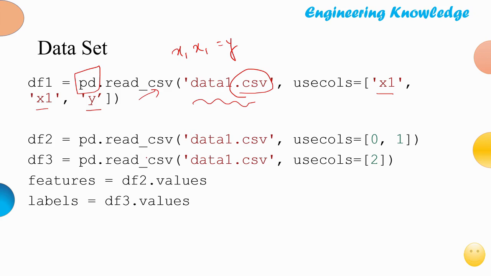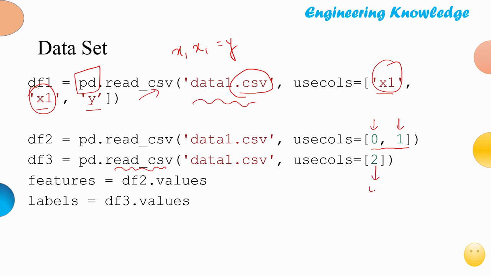The read_csv can also be used to extract individual columns. Suppose I want only the first and the second column, so indices are 0 and 1. So we'll use the first two columns. The first two columns are basically x1 and x1. And similarly, for df3, we take the data using again pd.read_csv and use column 2. So what is column 2?